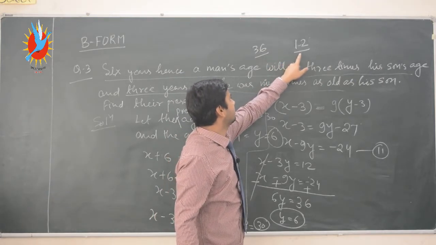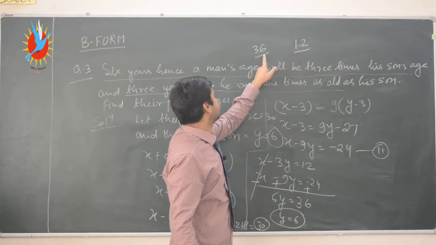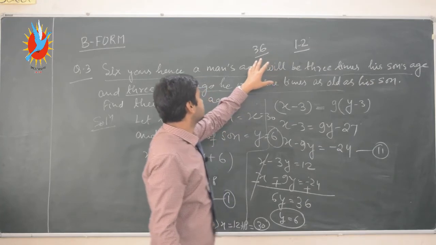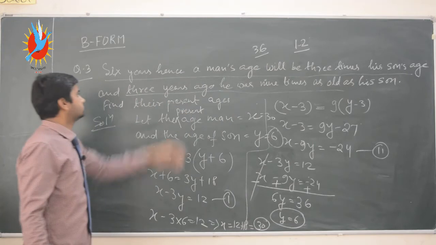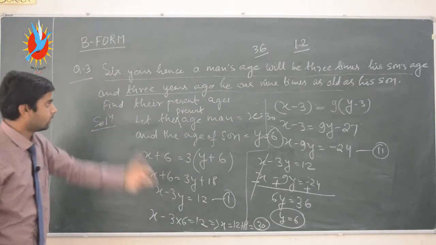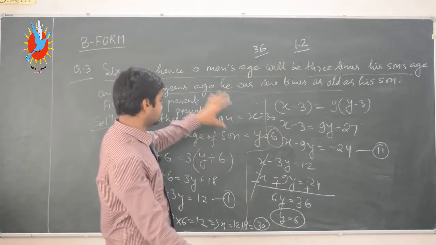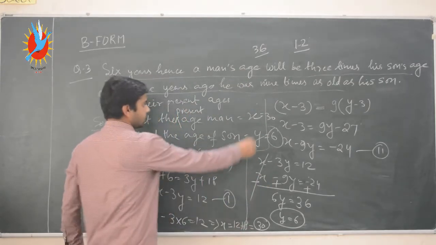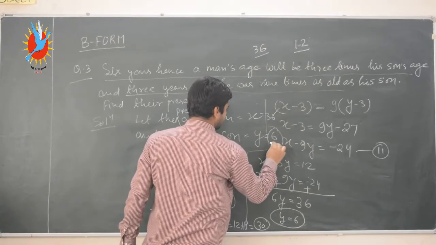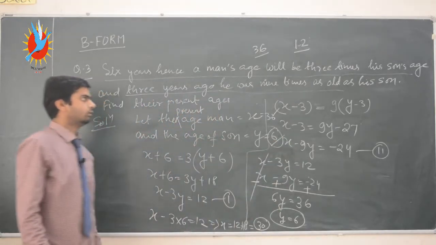If we multiply 12 by 3, we will get this number. So the age of the man is 3 times his son's age 6 years from now. These values satisfy our conditions, so that means our answer is correct. So x equal to 30 and y equal to 6 will be our answer.